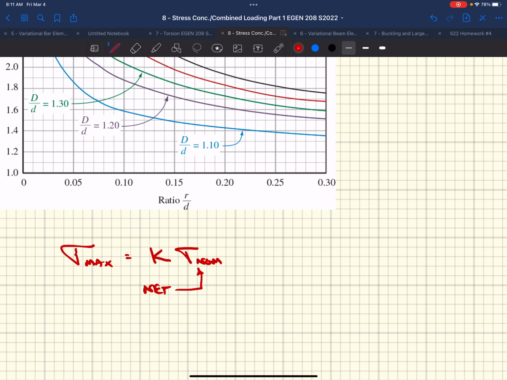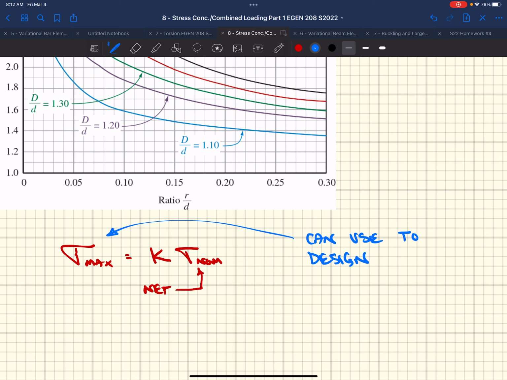Once we have that, our max stress, right? Because sigma equals P over A, we can use that maximum stress to design the element, right?